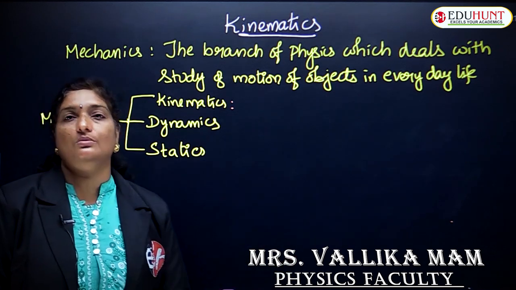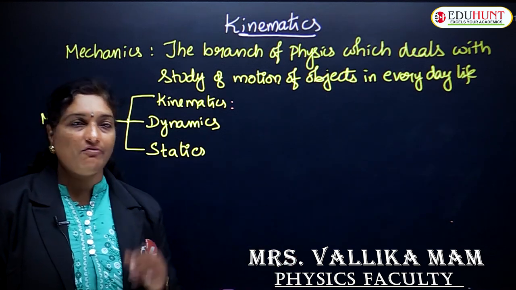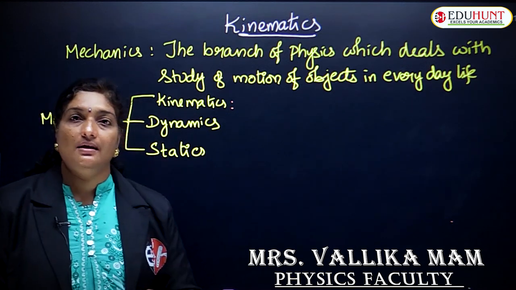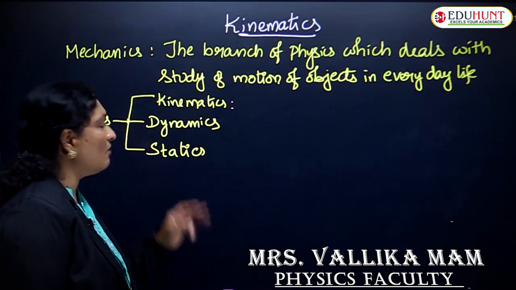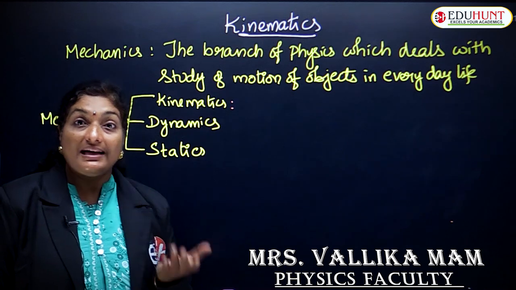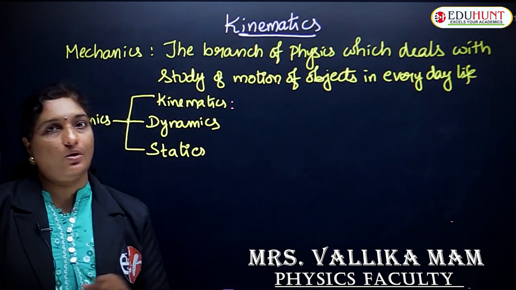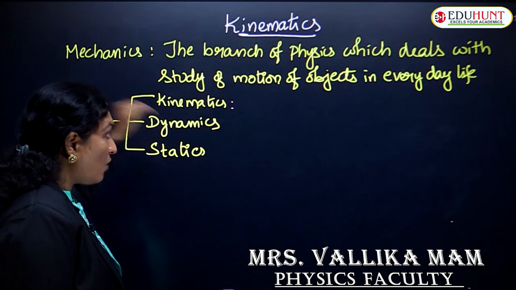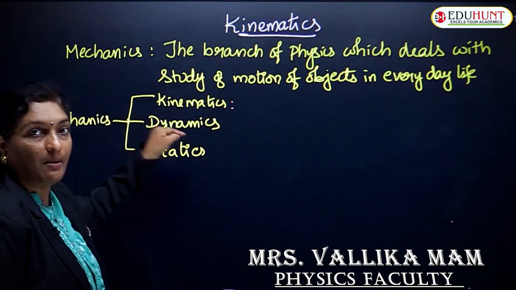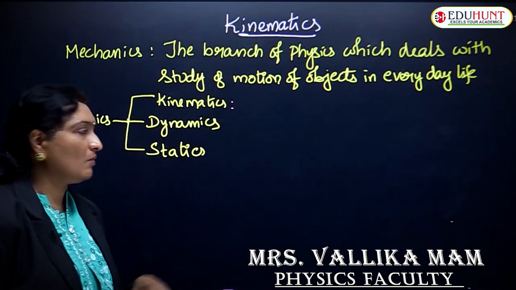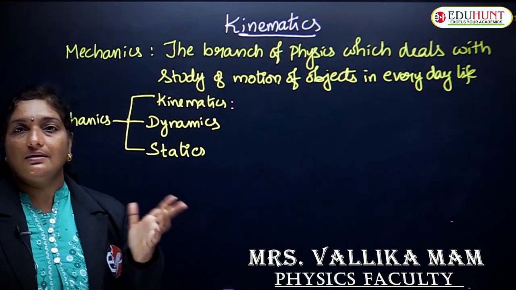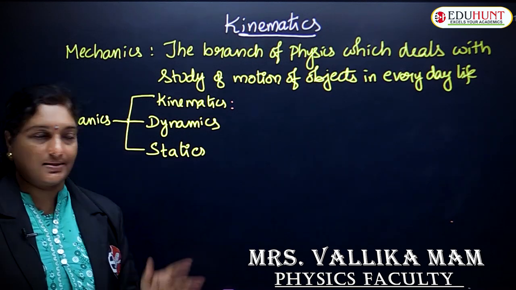Whereas dynamics is the branch of physics which deals with the study of motion of objects while taking into account the cause of motion. You need to consider because of what forces the body is set into motion. Whereas statics means, as the name itself indicates, the study of bodies at rest.